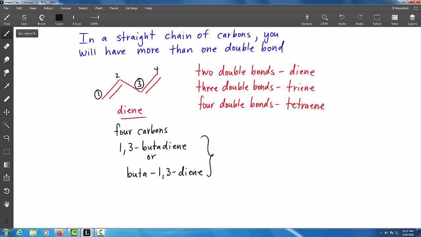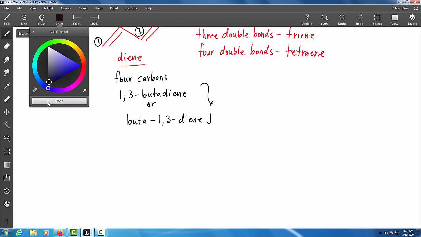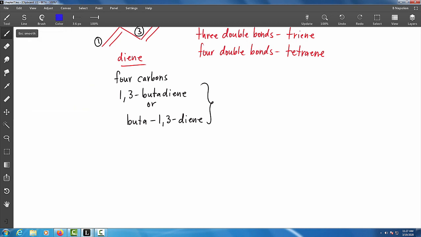Okay, let's try another one. All of this is systematic and quite simple. Okay, so we have what? 1, 2, 3, 4, 5, 6, 7, 8 carbons. And I'm going to put a double bond here, double bond here, and a double bond here.